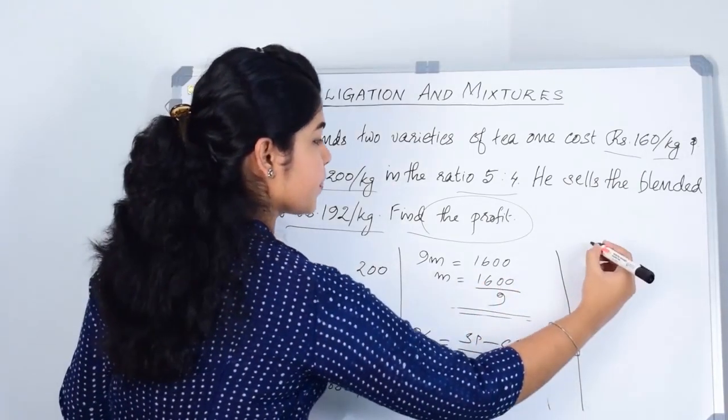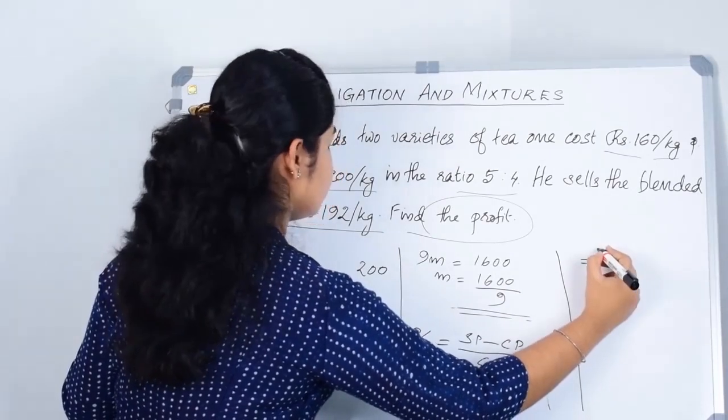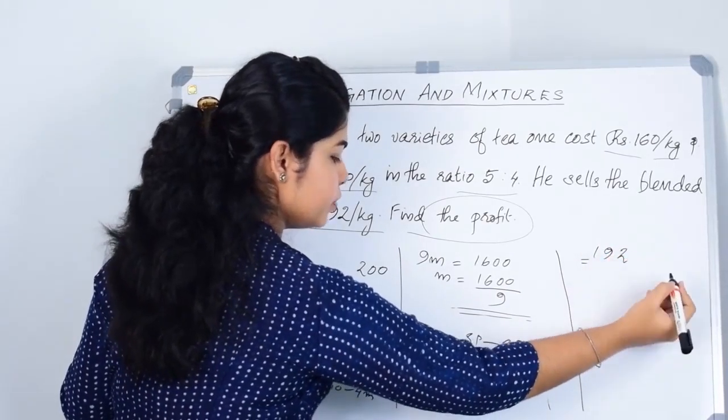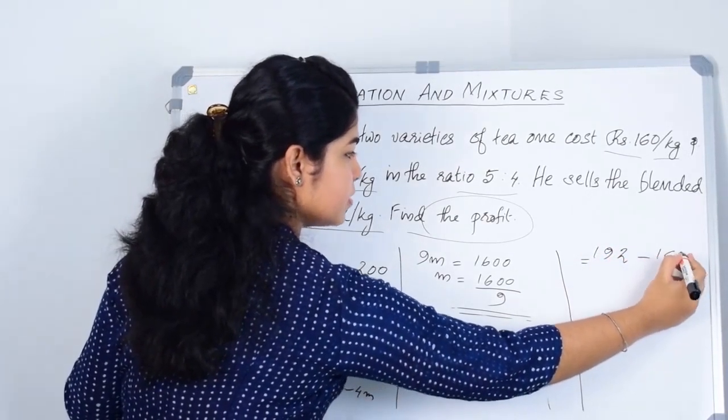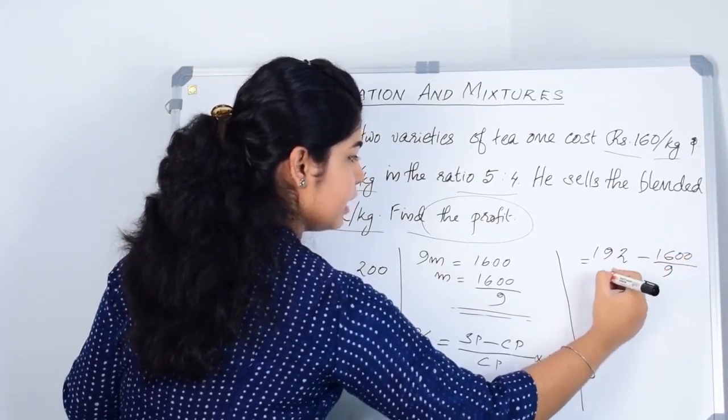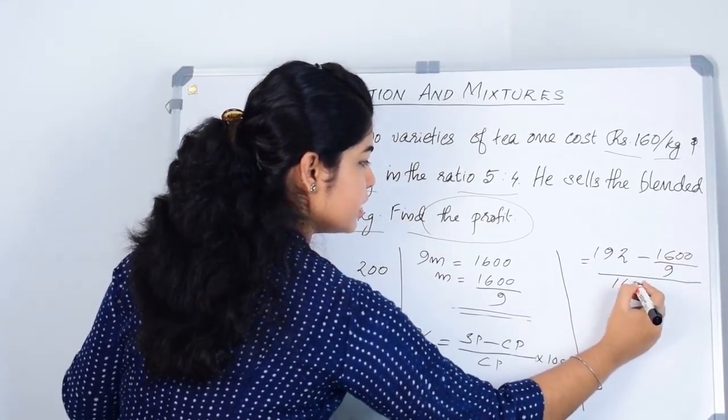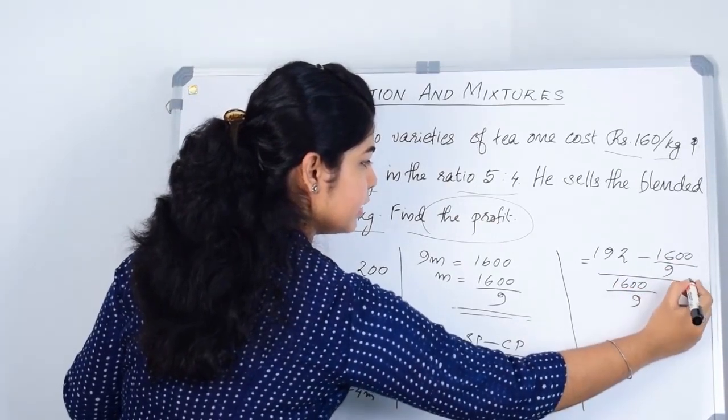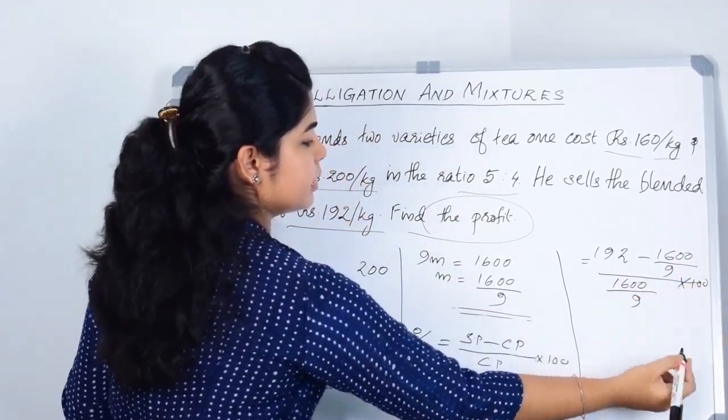That is, SP is equal to 192, then CP is equal to 1600 by 9, whole divided by 1600 by 9, then into 100.